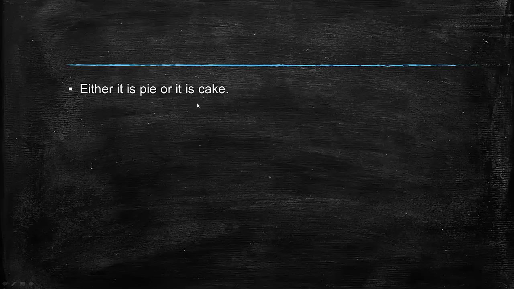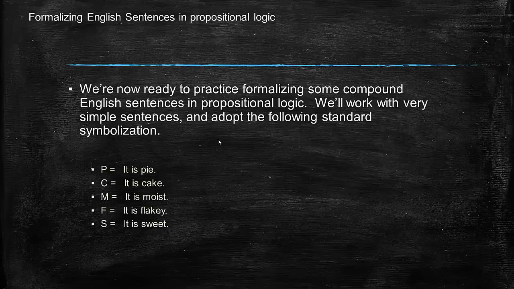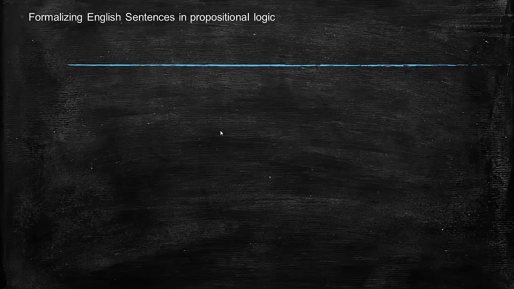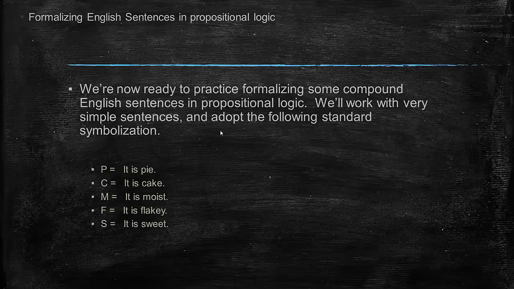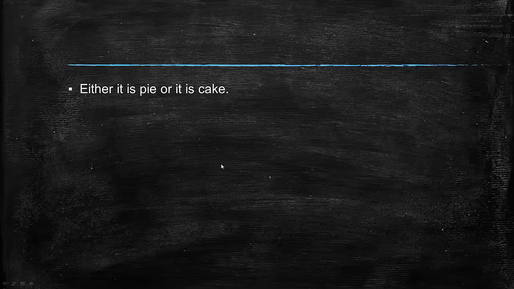Well, pie is P, and cake is C, right? So either it is pie or it is cake, pie or cake, and then we put parentheses on the outside.